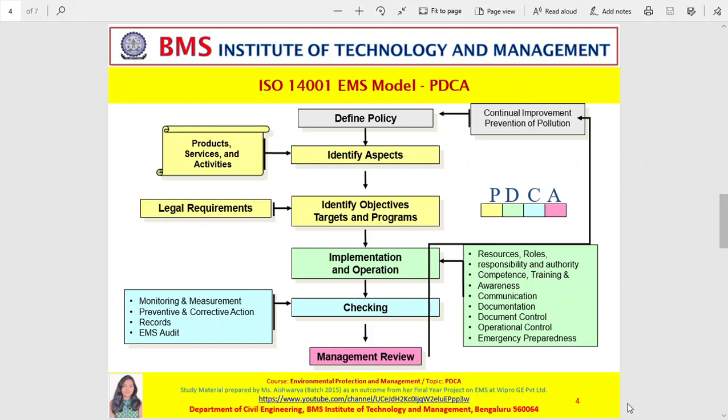These aspects are then evaluated for their impact on the environment. These impacts could be beneficial or detrimental to the environment. The impacts are classified as releases to air, water, land, use of resources, use of energy, and generation of waste products.